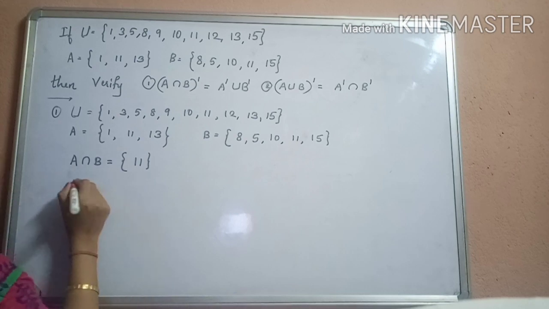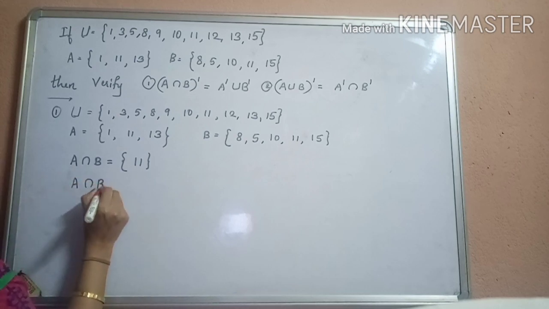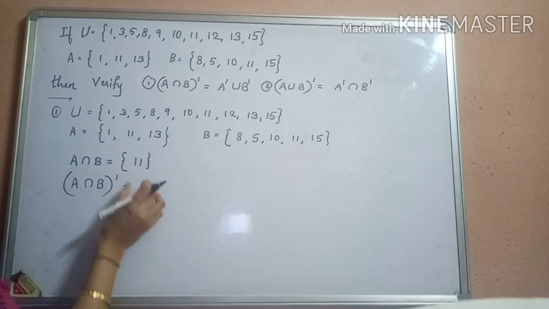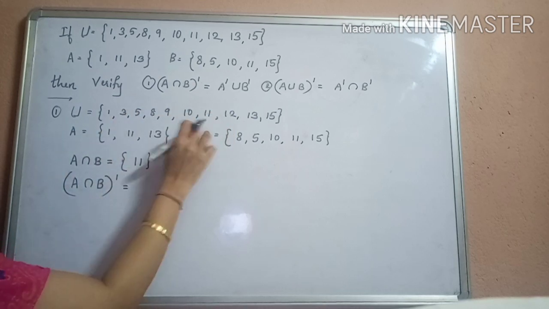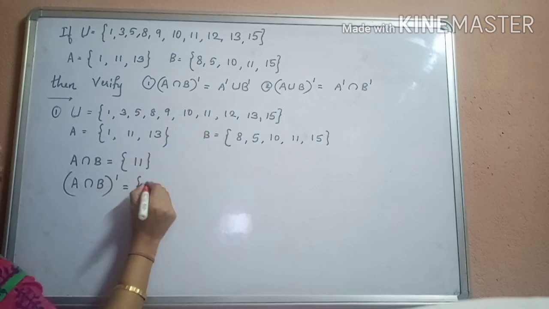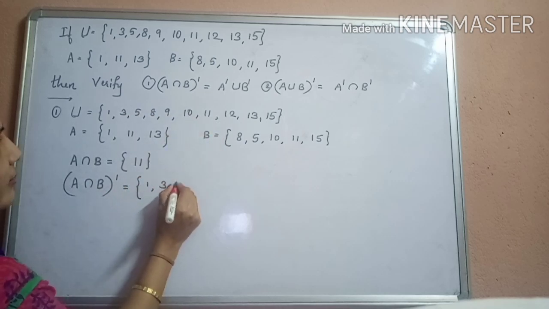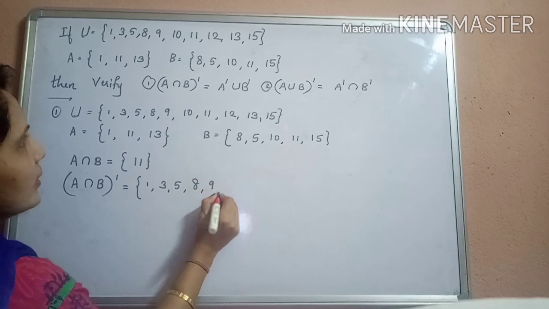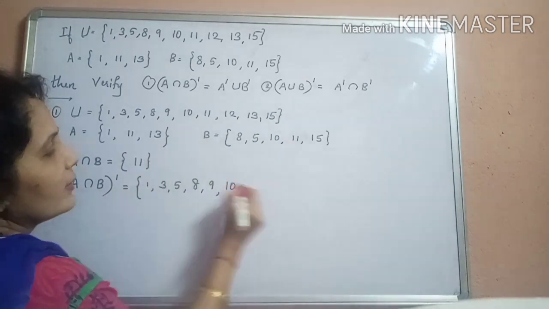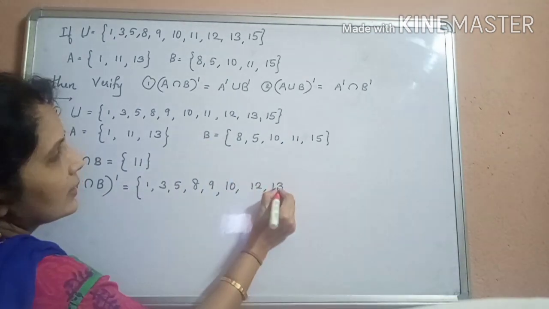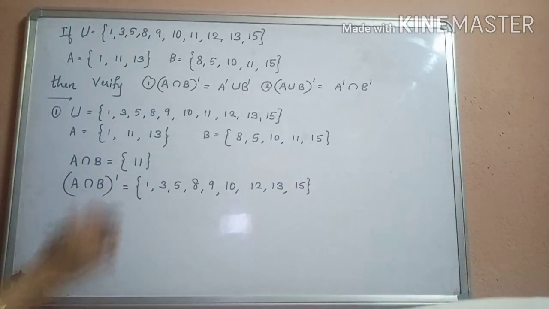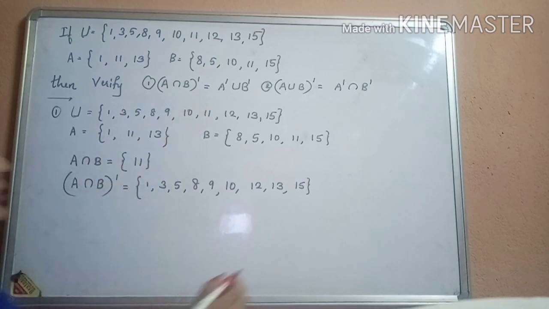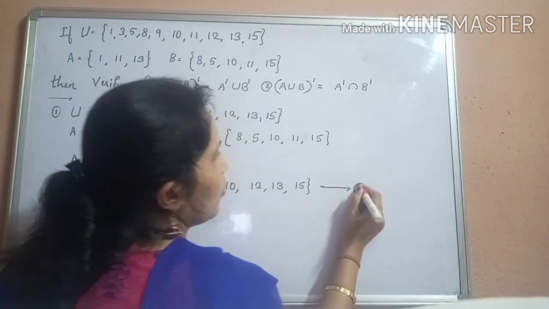Complement means I will compare this with the universal set. So except 11, all other numbers: 1, 3, 5, 8, 9, 10, 11 will not be written, 12, 13, 15. Okay, this we got on this side. So I will take this as 1.